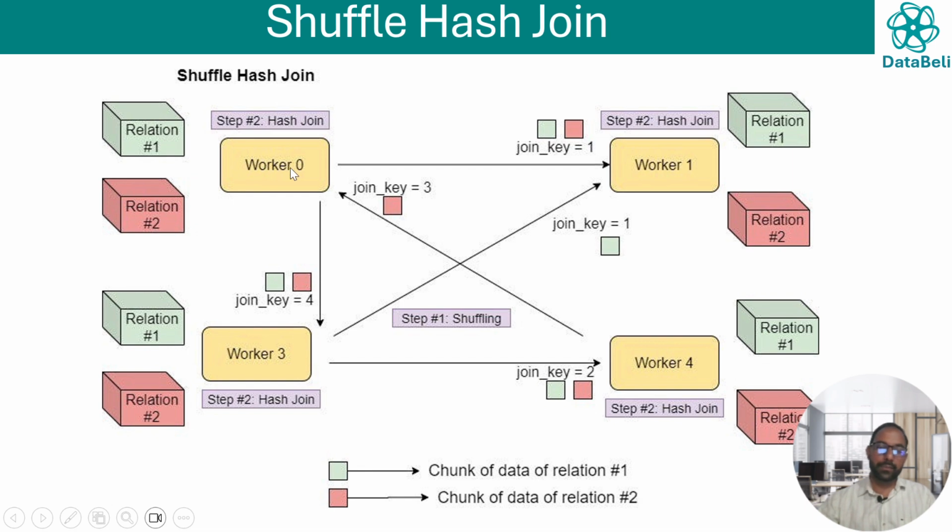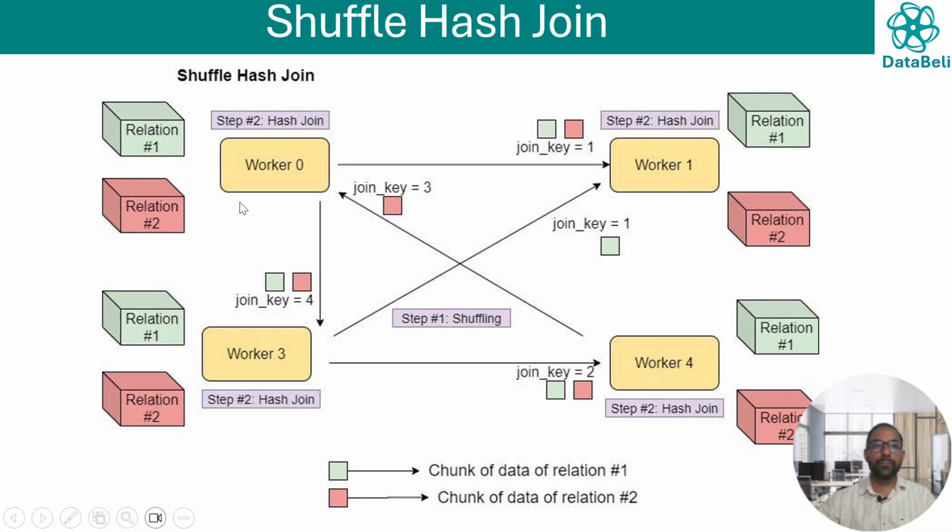Here, these yellow ones are our four workers, and these green ones are one table, one data frame, or one relation, whatever we call it. It is divided into these four partitions. Similarly, relation 2, our second table or data frame, is again divided into four sections.